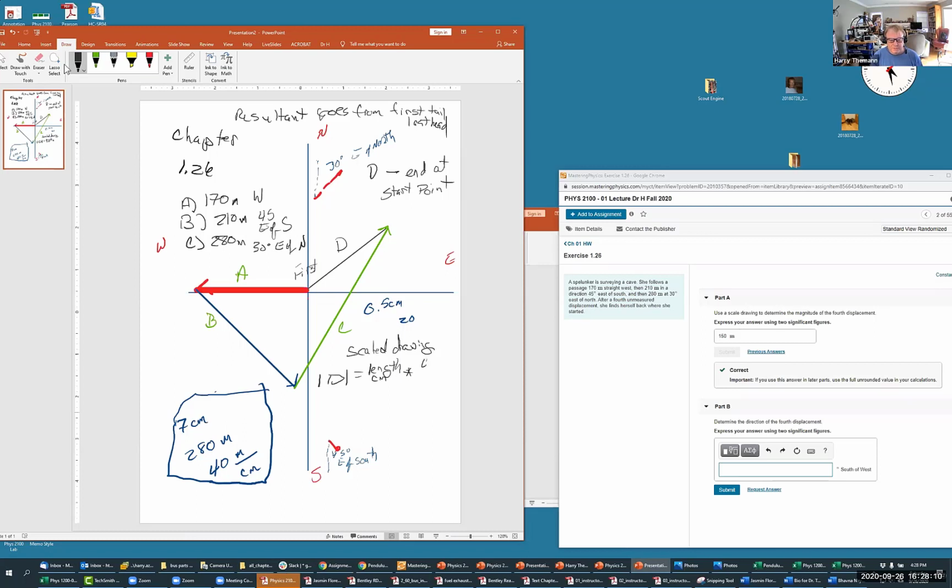Yeah, 40 meters per centimeter. So to get it, we measure D on the drawing to get the centimeters, and then you convert. Okay, that's part A. Well, that's unfortunate. Well, we'll make it little a, I guess. 126A, like that.